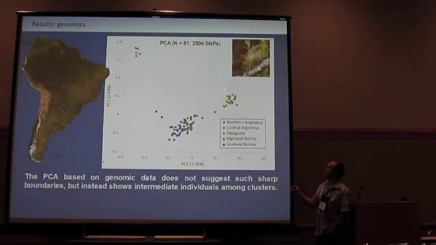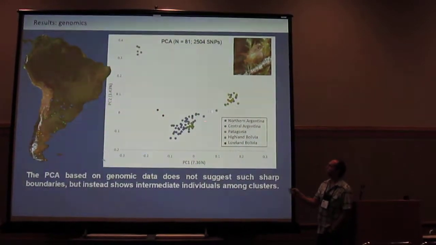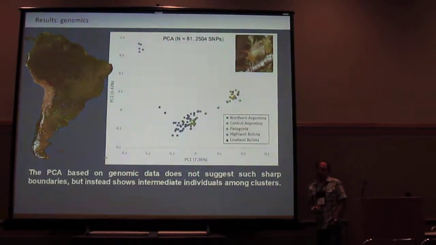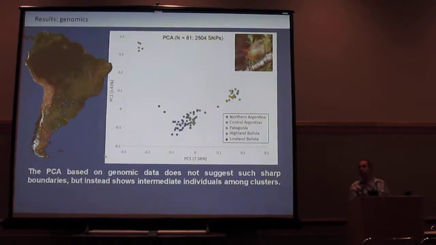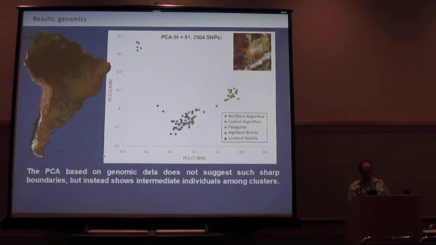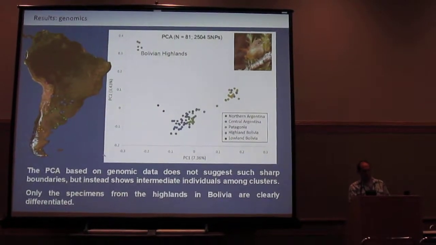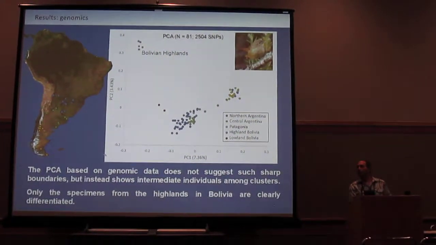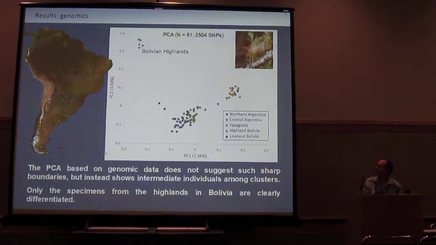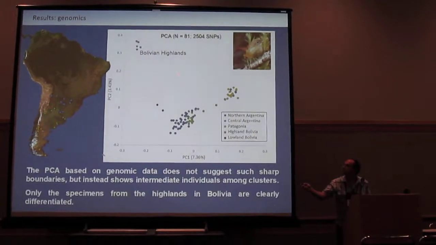Here are the Patagonia specimens, but we get a lot of specimens with intermediate genomic content, from central Argentina mainly. So actually the very well differentiated group is the one we find in the highlands of Bolivia, what we can see up there, right?